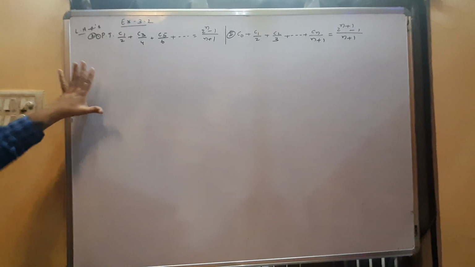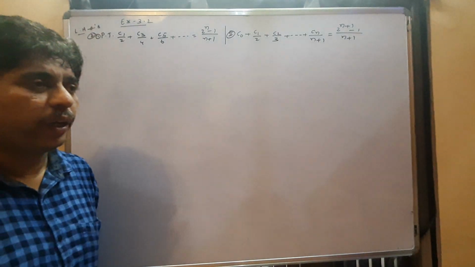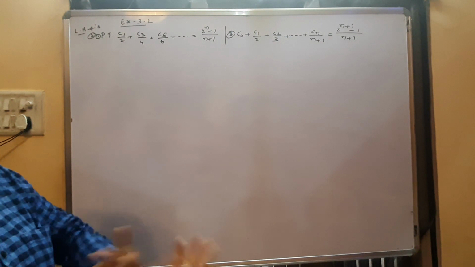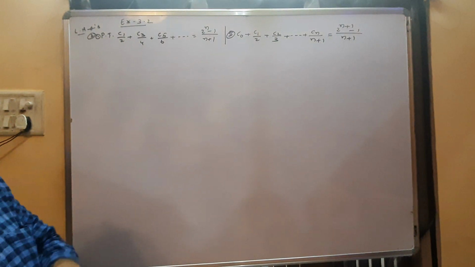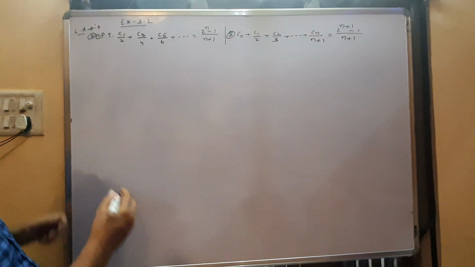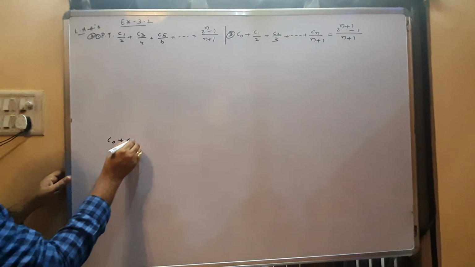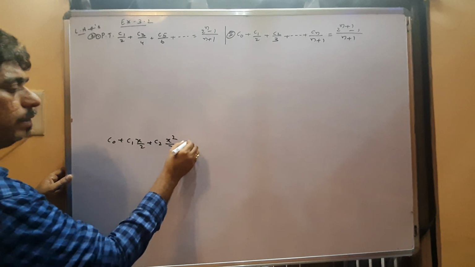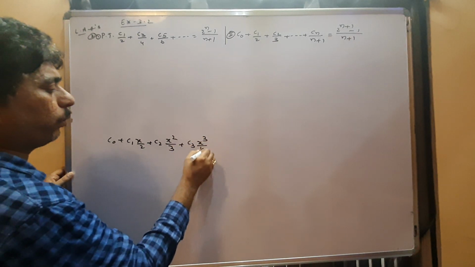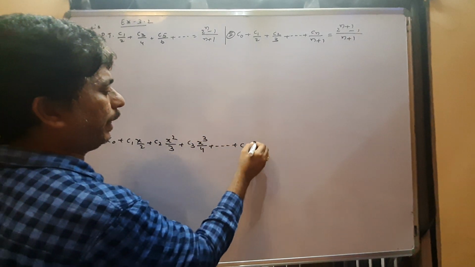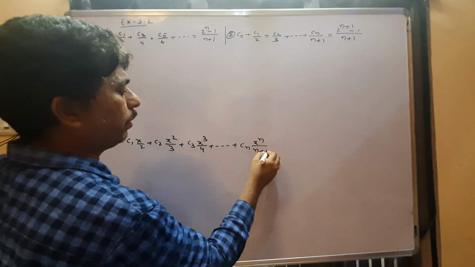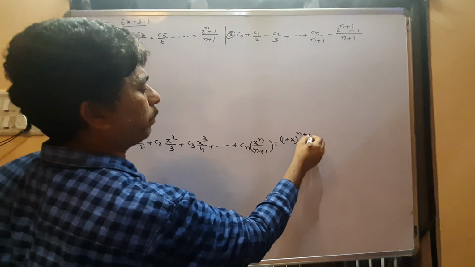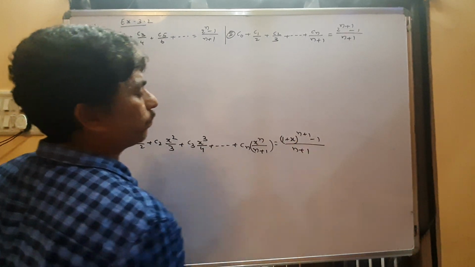Coming to this problem, whenever a true or false is given, I will explain using the formula, without using the formula. We had one formula: C0 plus C1 x by 2 plus C2 x square by 3 plus C3 x cube by 4 plus and so on, Cn x power n by n plus 1 equals (1 plus x) whole power n plus 1 minus 1 by n plus 1.